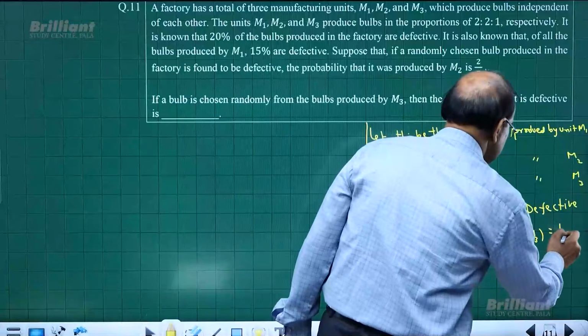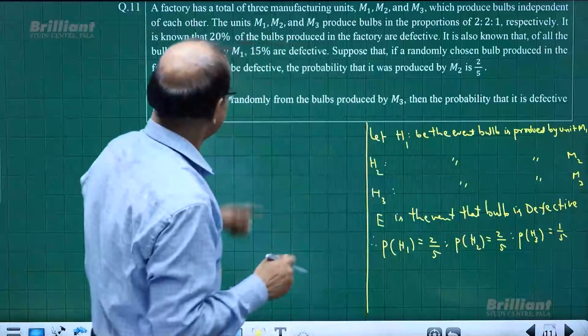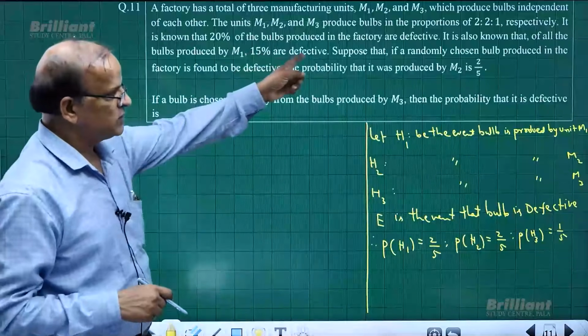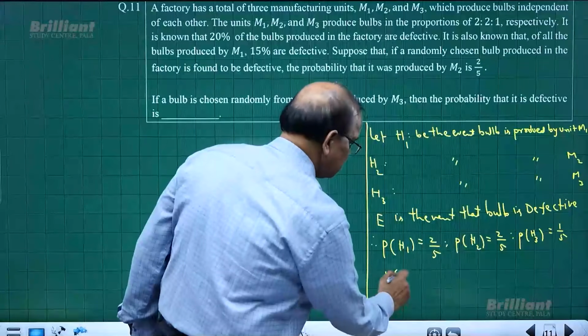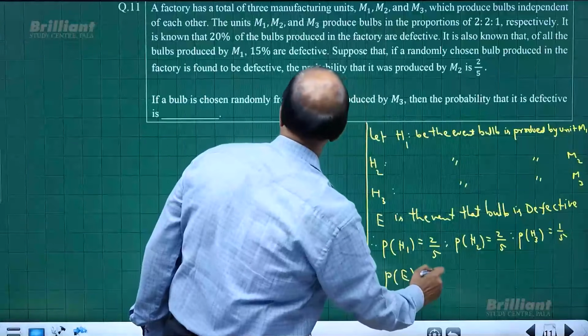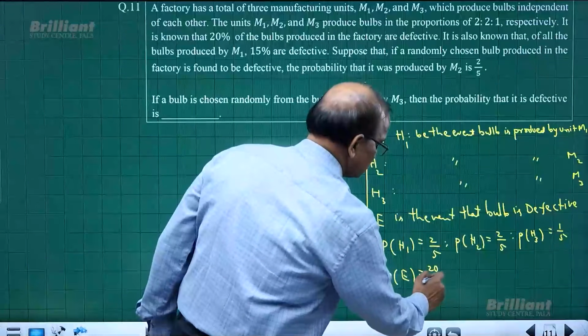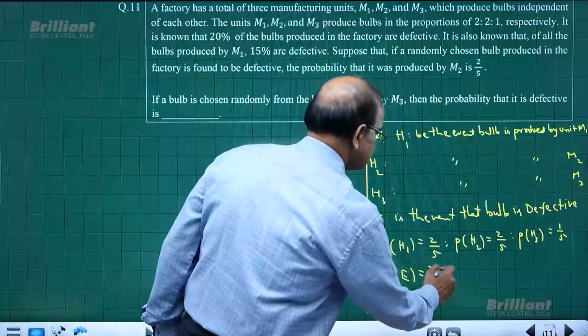Okay. Now, next, 20% of bulbs produced are defective. So P of E is 20 by 100, that is 1 by 5.